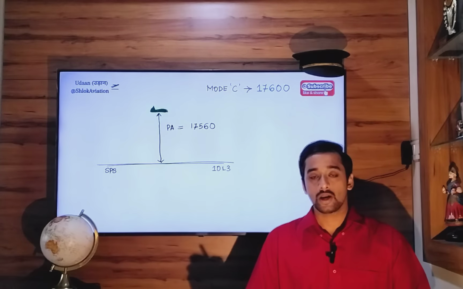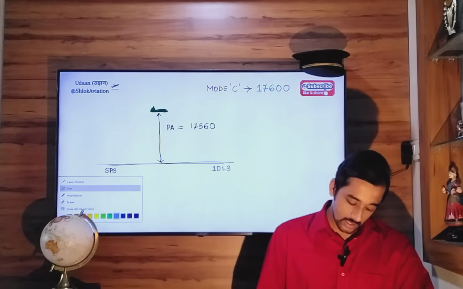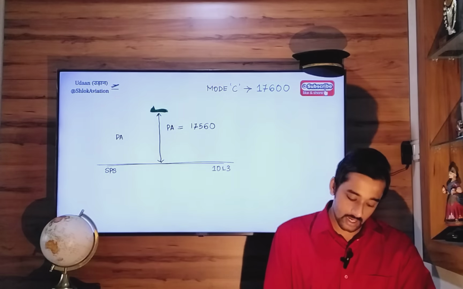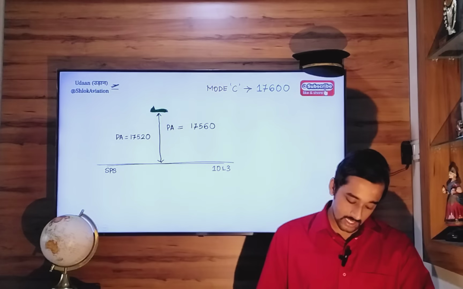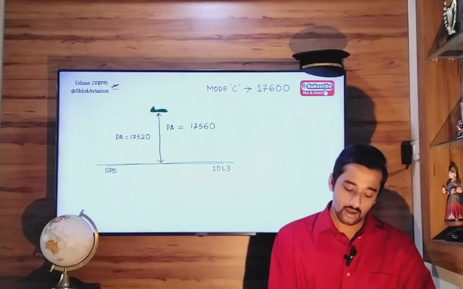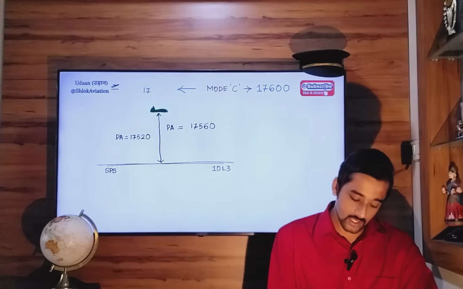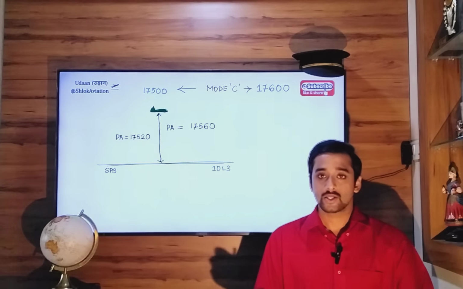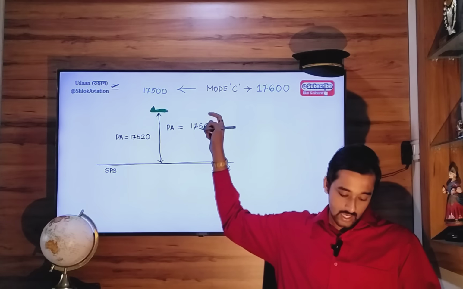So it will round off the figure. Now let's say your pressure altitude is equal to 17,520. In that case, mode C capability will transmit altitude information of 17,500. So 520 has been rounded off to the nearest whole number 500.